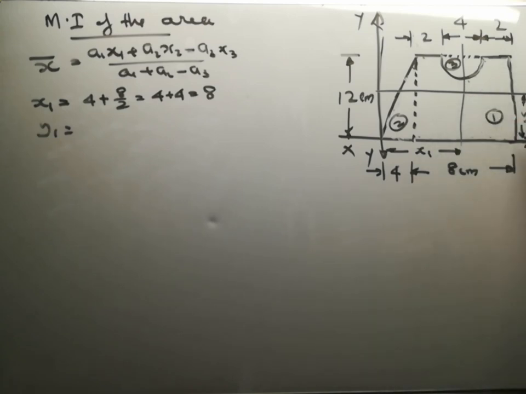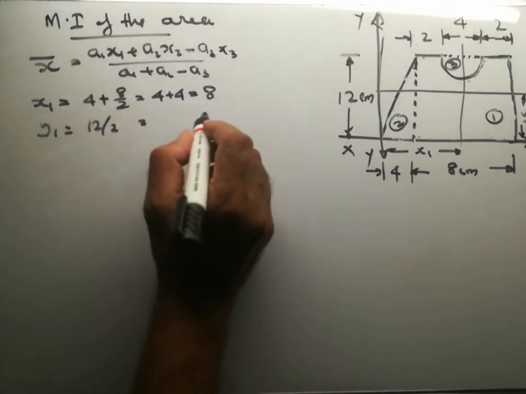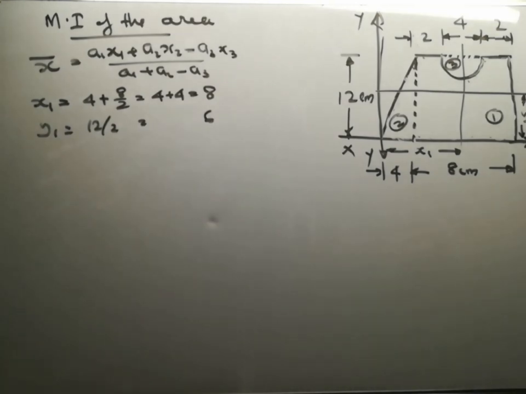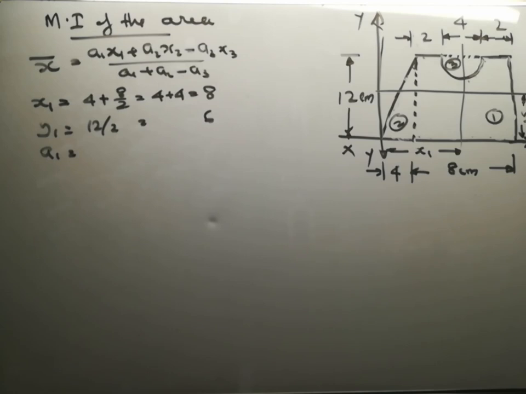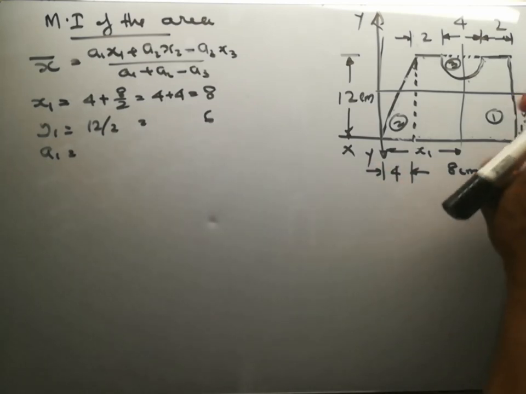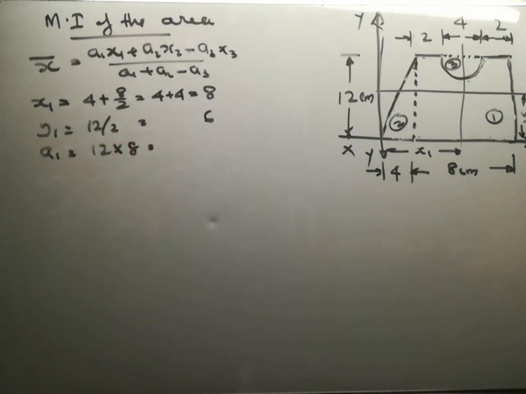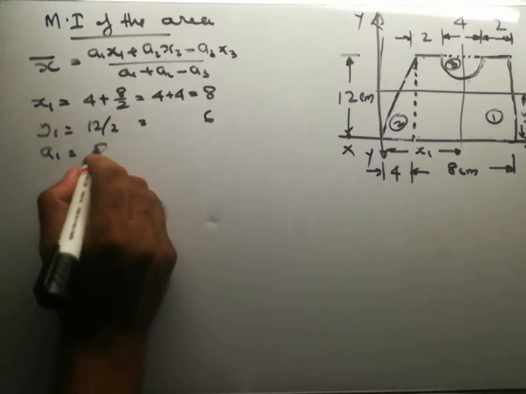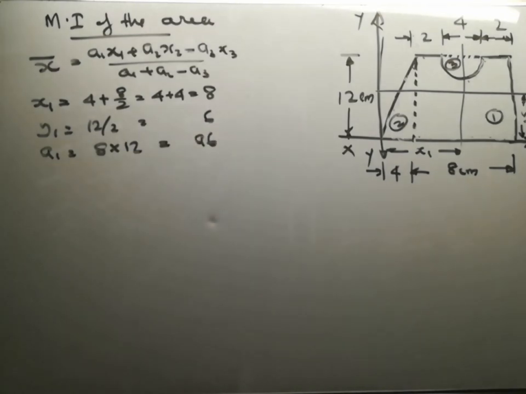That is, y1 is equal to 12 by 2 is equal to 6 centimeters. a1 is equal to 12 by 8 or 8 by 12, equal to 96 centimeter square. All units are in centimeters.